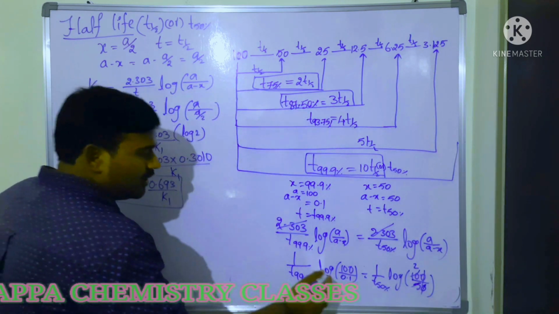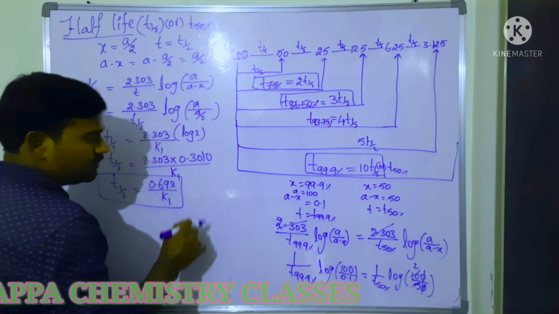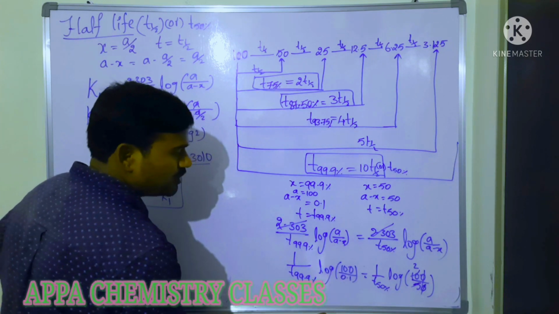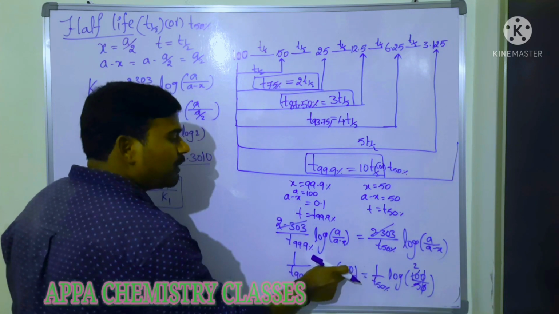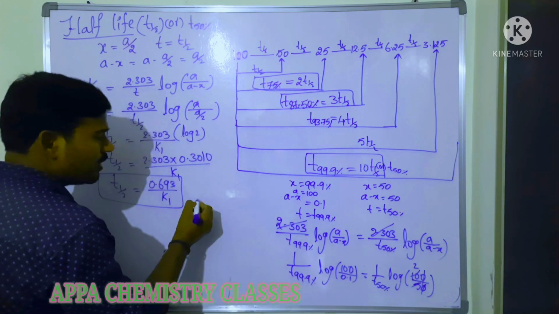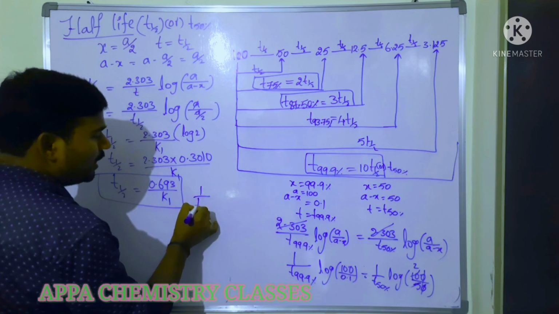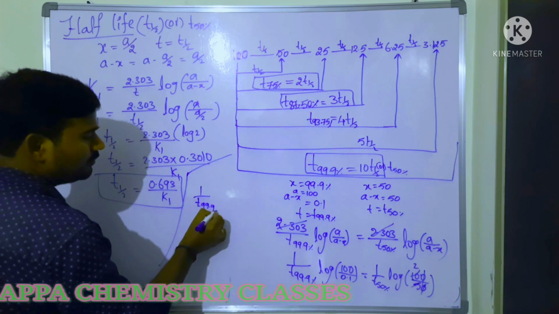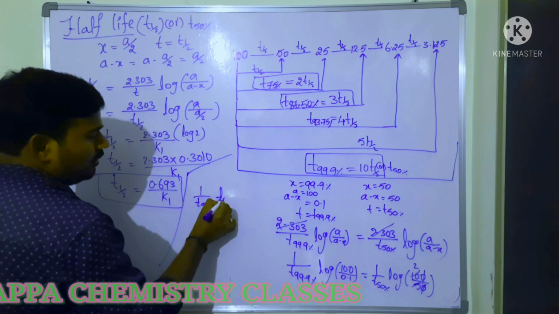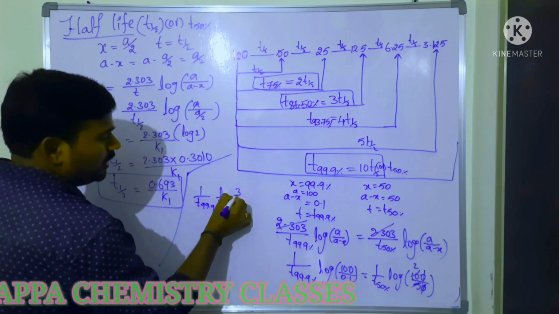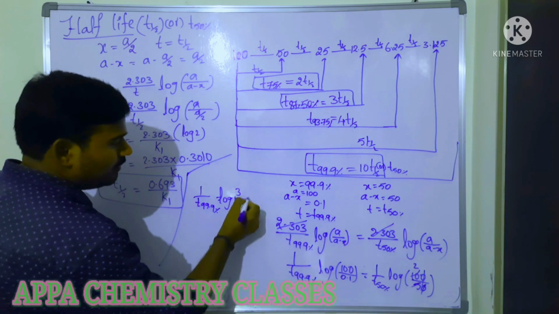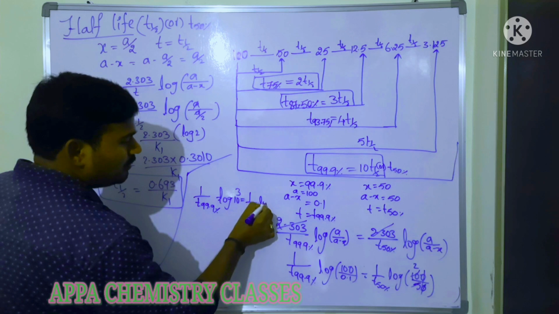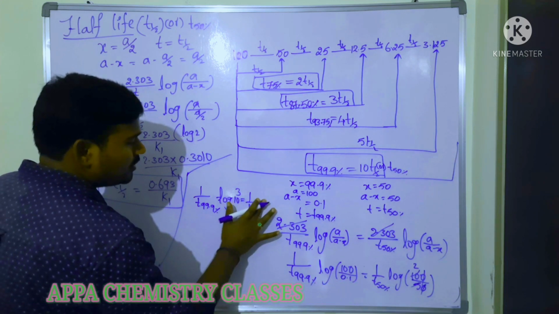So now, 0.1 is 10 power minus 1, so it goes up to 10 power plus 3. That is 1 by T 99.9% log of 10 power 3 is equal to 1 by T 50% log of 2.